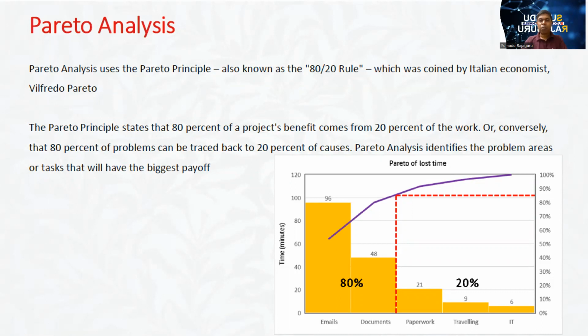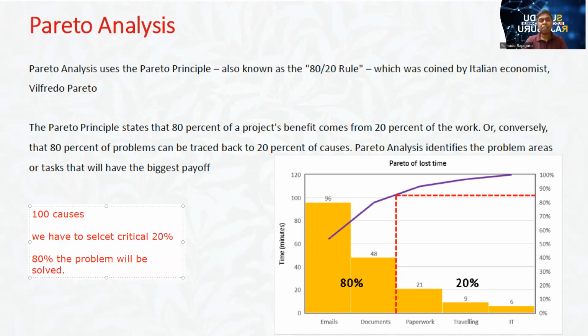That means if there are 100 causes, we have to select the critical 20% of causes. When we solve the critical 20% of the problem, according to the theory, 80% of the problem will be solved.